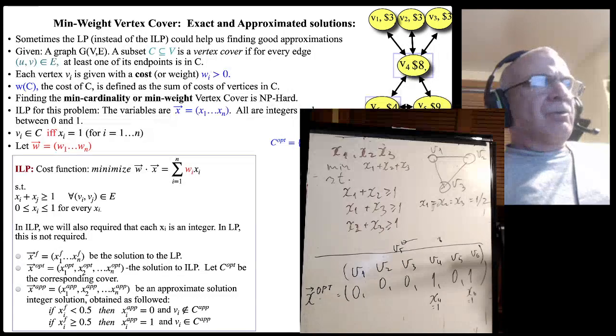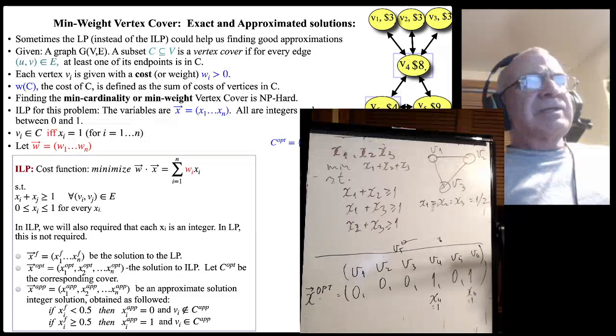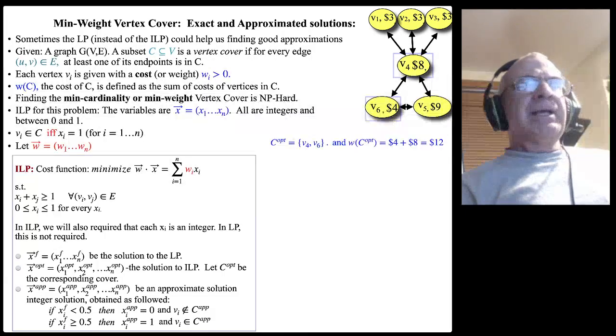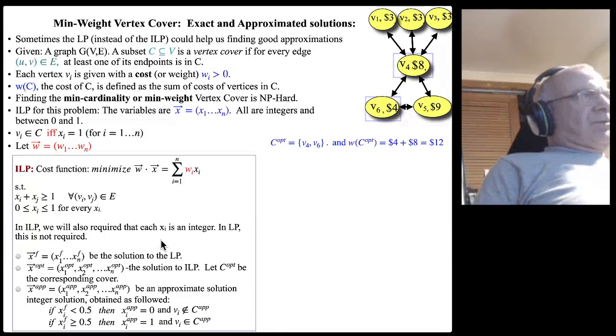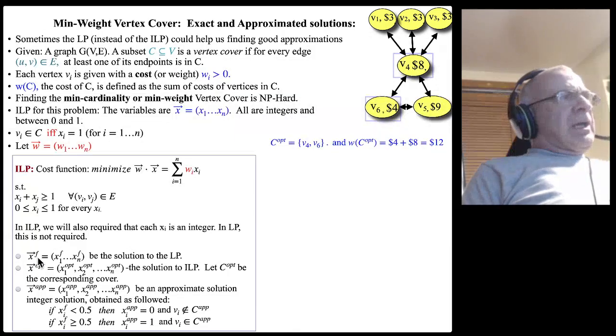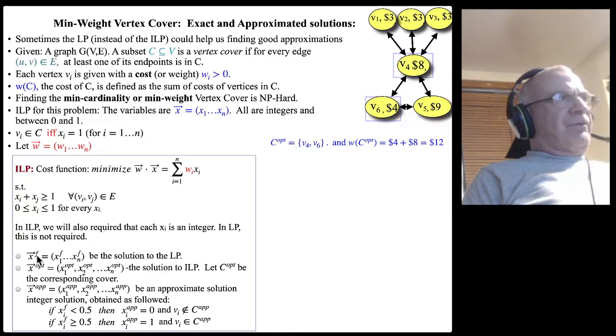Okay, so we need to see that this solution helps us in some way, and for this I just need a few notations. I'll write x vector with f for float as the list of values x1 dot dot dot xn, x1f all the way up to xnf.